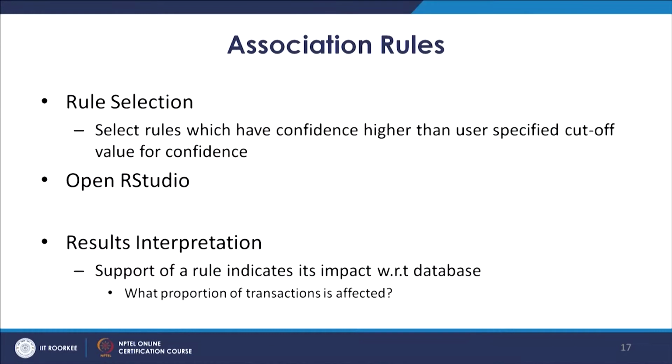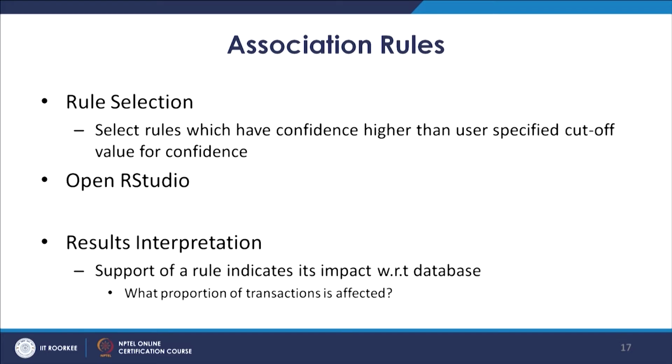Now, as we have completed our discussion on the rule generation stage and also the assessment of rule strength, the next important step is rule selection. Once the assessment of rule strength has been done, how do we select the rules for implementation?